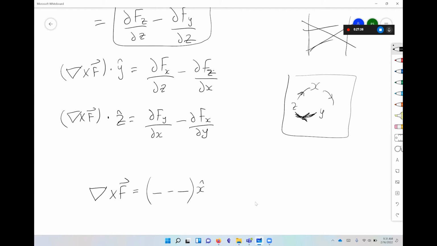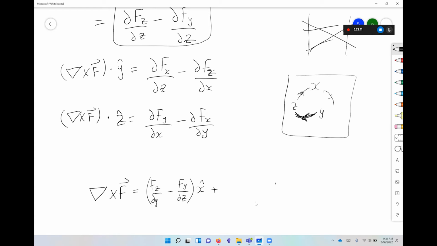What comes after x? Y and z. So you're going to have a delta y here and a delta z. And then where you put the components, you just invert the denominators. So here, instead of fy, I put fz. Instead of fz, I put fy. So the permutation graph gives you the denominators of the partial derivatives, and then what goes on the top is an inversion of what happens in the denominator. That's how you easily write down the curl in an instant, right?